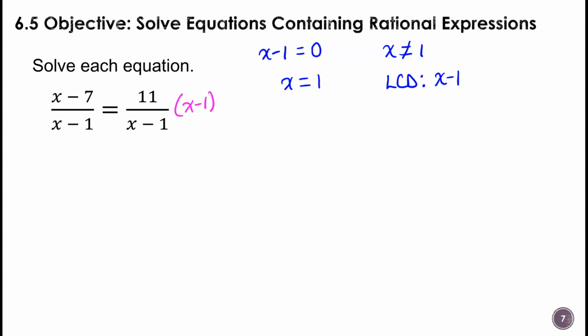Or we would have possibly another one. Okay, so x minus 1 divides into x minus 1 one time. So we simply get x minus 7 equals 11. Solve for x. This is linear by adding 7 to both sides. So x equals 18. 18 is fine as a solution in this case. So we're finished with that one.